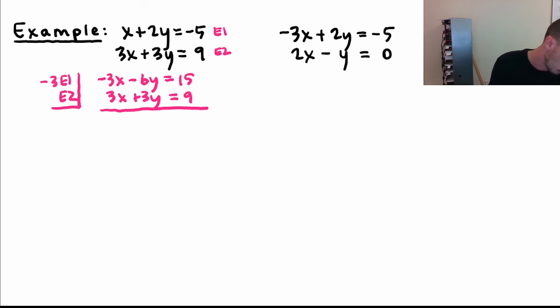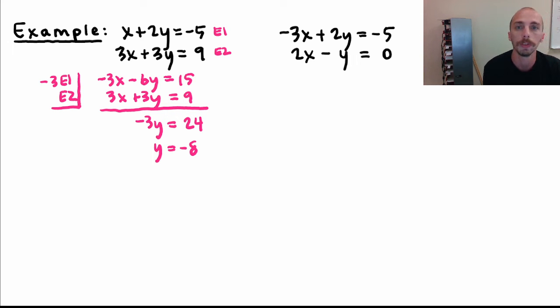All right, so here we are. We're going to add these equations together to eliminate x. I'll have negative 6y plus 3y, which is negative 3 times y. 15 plus 9 is 24. If I divide both sides by negative 3, I'll get y is negative 8. I'm going to choose one of the two original equations to plug back into to find x. I think x plus 2y equals negative 5 would be a good one.